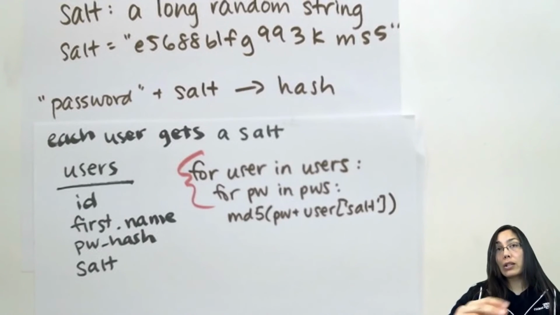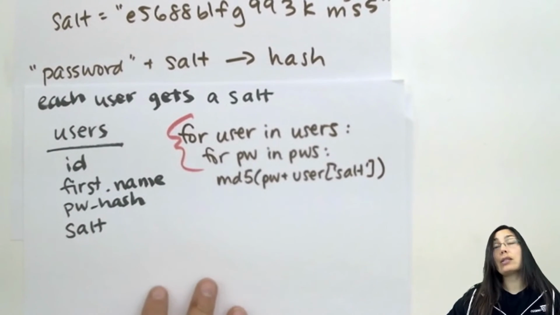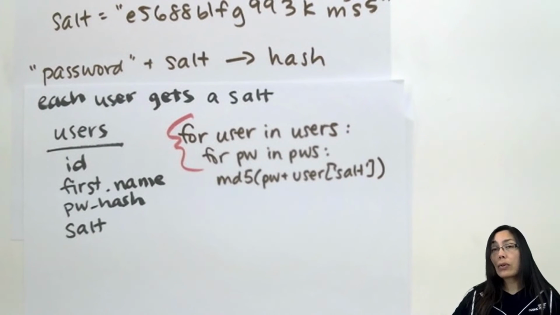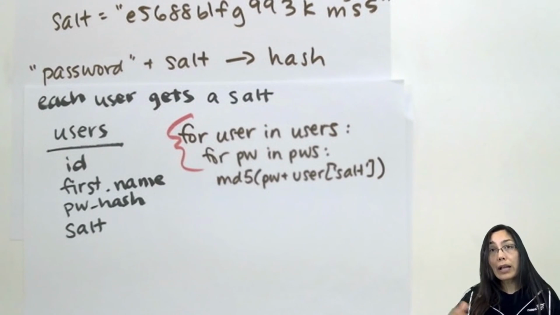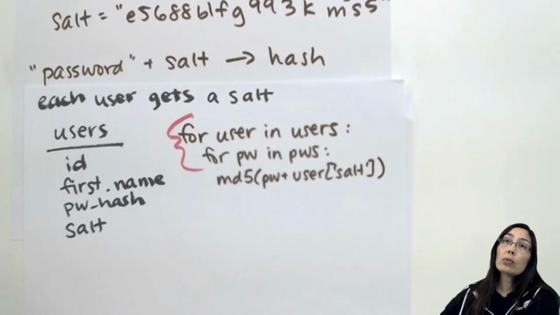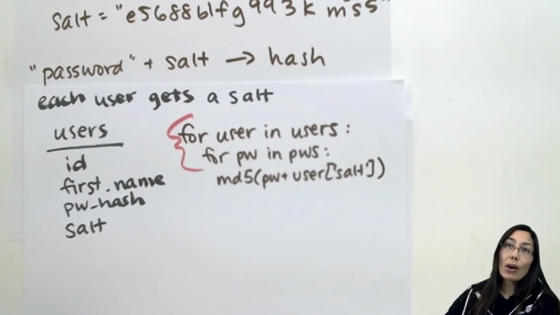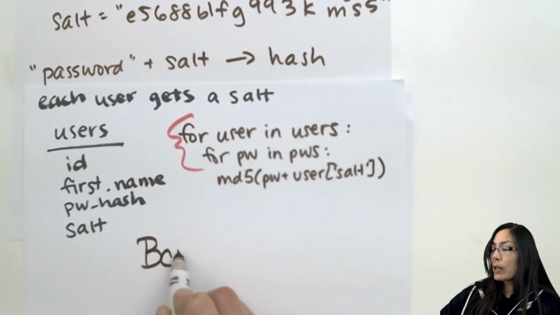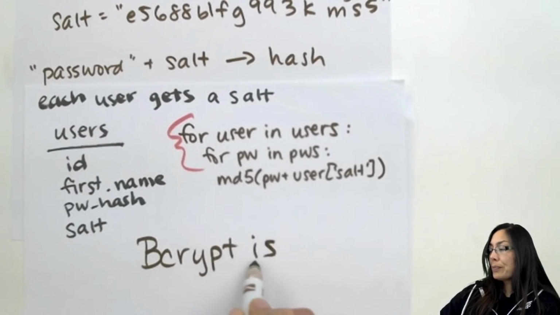Our main strategy that we want to use is we want to slow the hackers down from their brute force attempts. So we're not actually going to use MD5. MD5 is a really, really fast algorithm, and we're just trying to trick it into being slow. But there are algorithms out there that are actually slow. So bcrypt is slow.